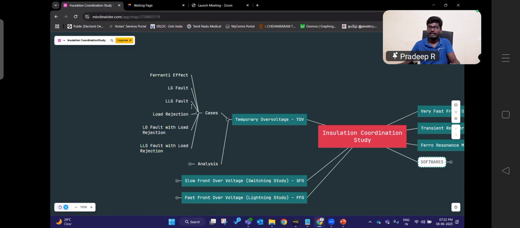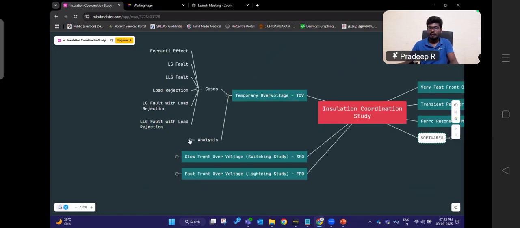When any huge, higher capacity load is connected and suddenly that load gets detached from our power system, that is load rejection. Then LG fault with load rejection, where after the fault occurs the load gets detached from the power system, and LLG fault with load rejection. These are the cases we will be creating in our TOV.